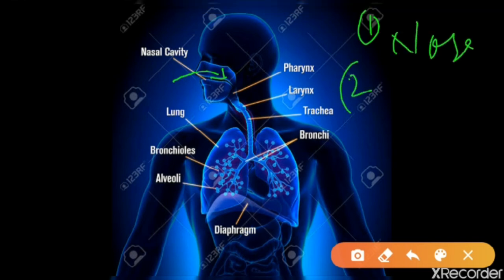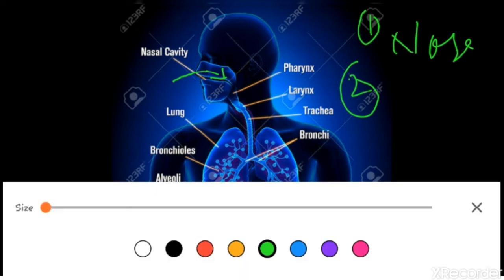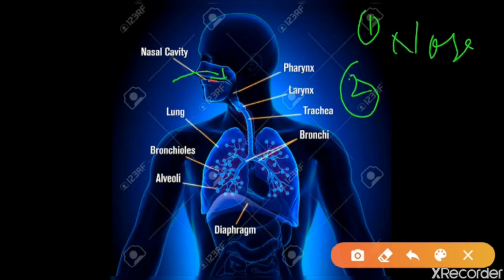Now second, we have the nasal cavity here. That means air passes from nose to nasal cavity, and then the pharynx is here. Now the larynx, it is a voice box. From there it is passed through the trachea. Now trachea is very thin in structure.